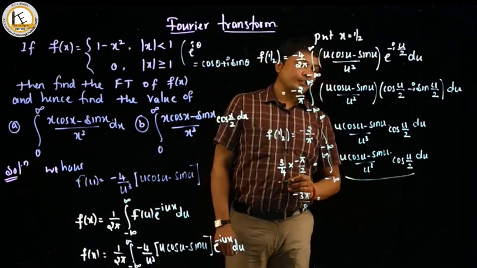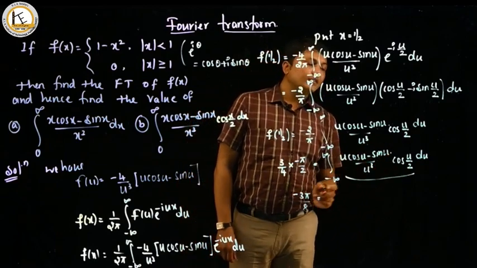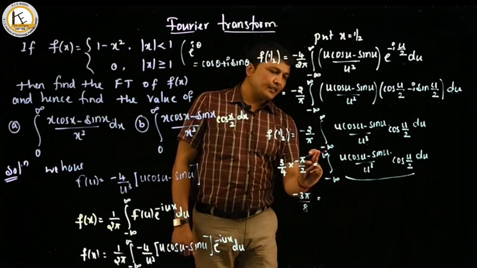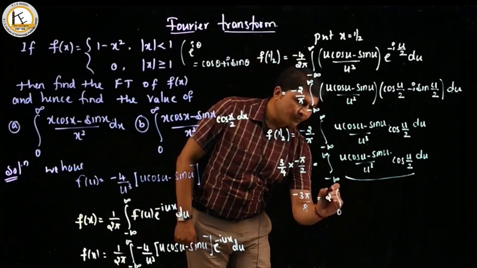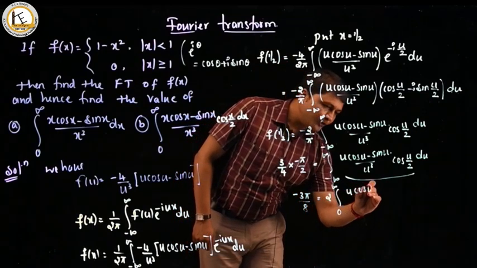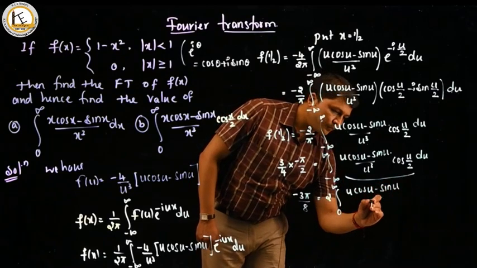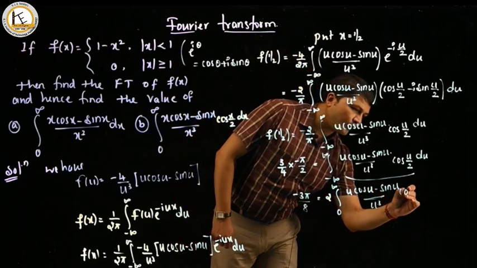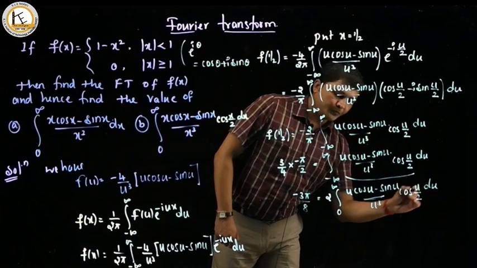and now once again this function is an even function. Whenever the function is even, by the properties of integrals, we can write the integral from minus infinity to plus infinity as 2 times the integral from 0 to infinity of u into cos u minus sin u divided by u cube into cos of u by 2 with respect to u.